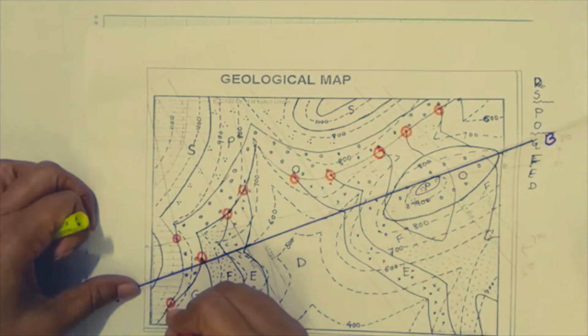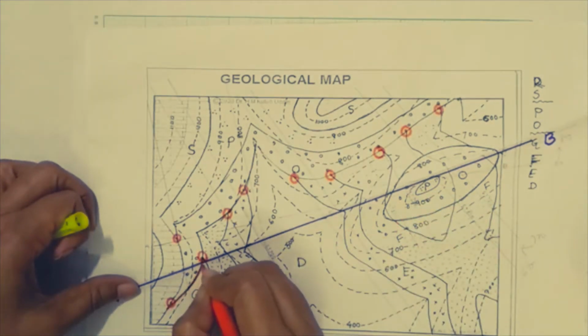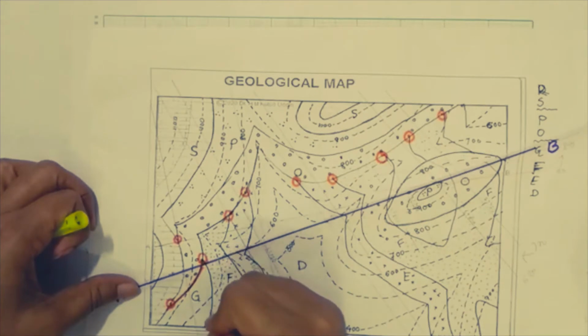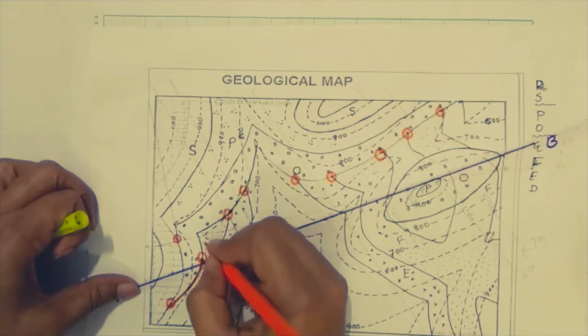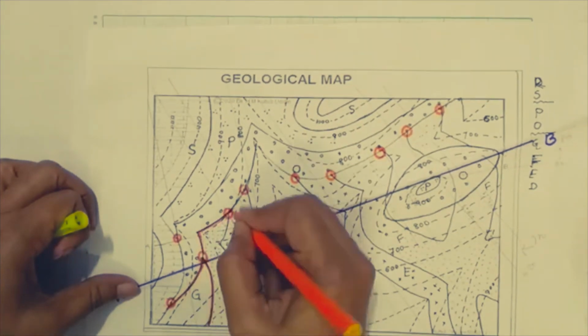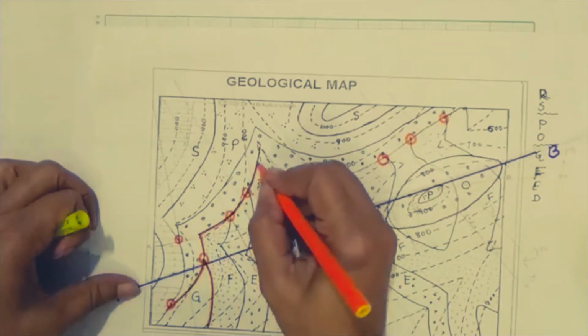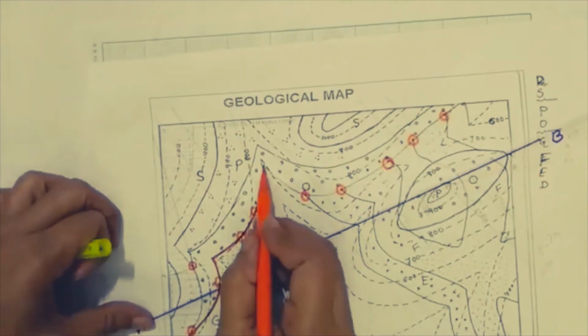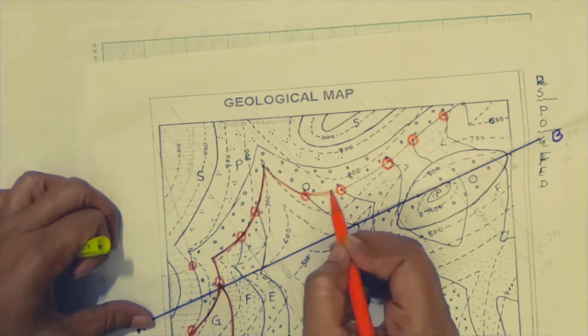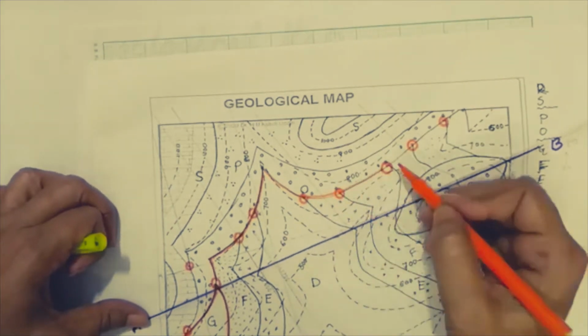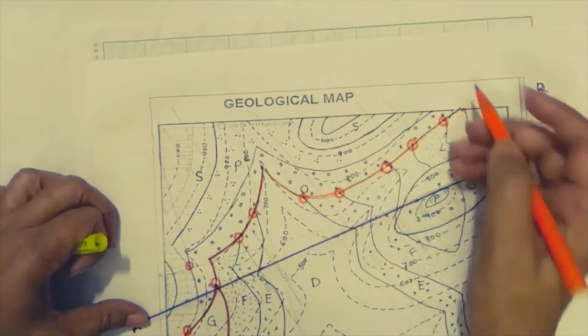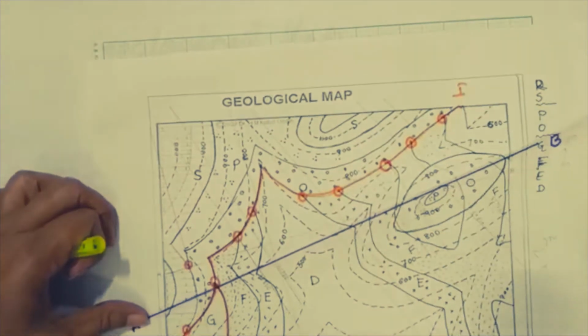So you have to connect all those. Connect the points of unconformity, and this is the line of unconformity. This is one line of unconformity.